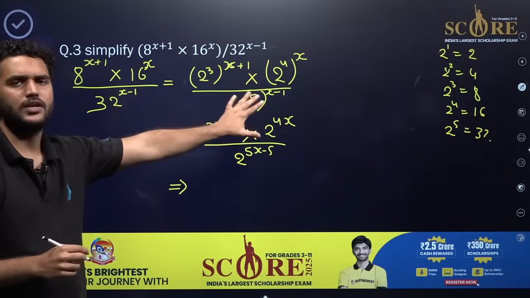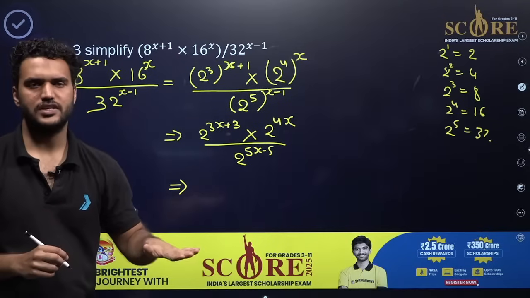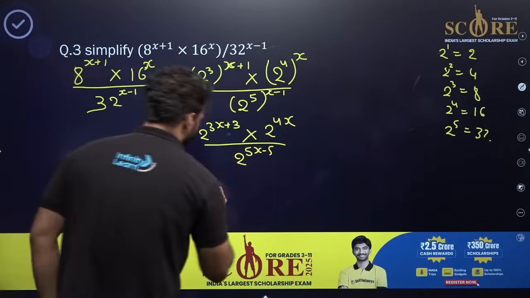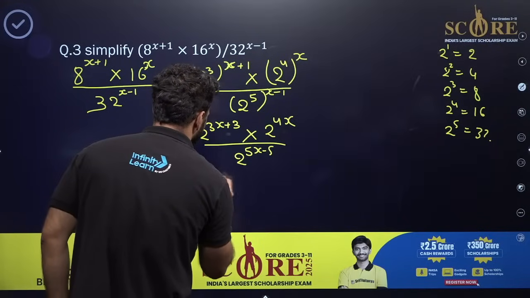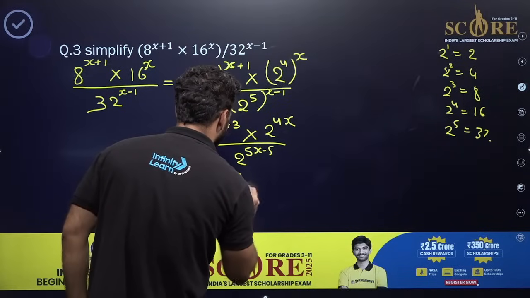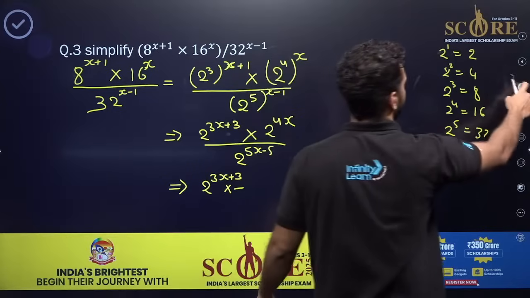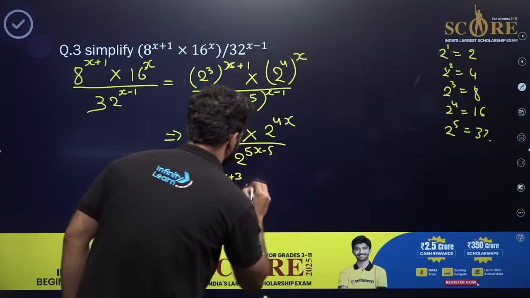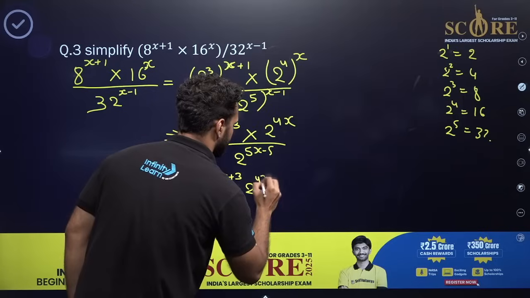Put them all in numerator. If they are in numerator, no change is needed. If they are in denominator, just change the sign of their exponent. So we get 2 to the power 3x plus 3, into 2 to the power 4x.